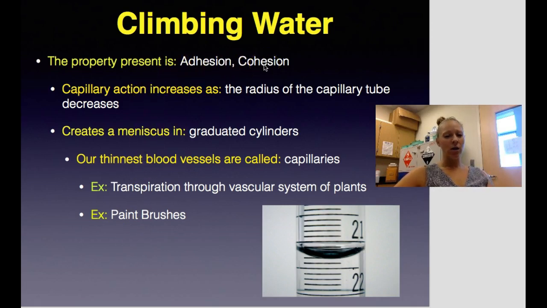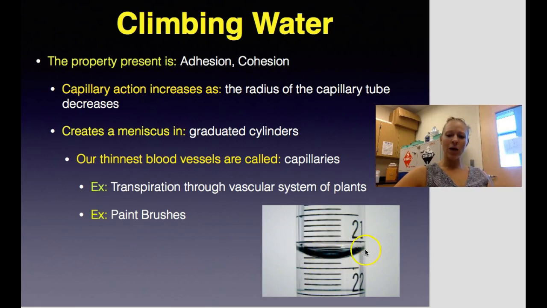Now we used some capillary tubes, and the properties present were adhesion and cohesion. This is kind of hard to wrap your head around, but the thinner the tube, the more surface area is present. There's more surface per unit area for the water to be attracted to, so it's going to climb further up that capillary tube. You can see the adhesion here when the meniscus is formed.